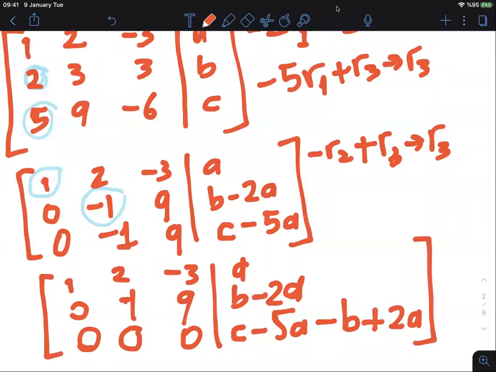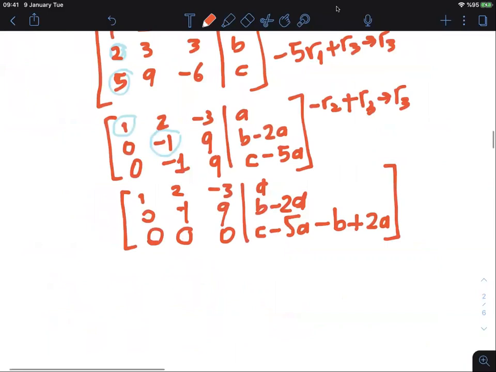Okay, this is the final thing that we get. Of course, we can multiply the second row by minus 1, but that won't change the result.